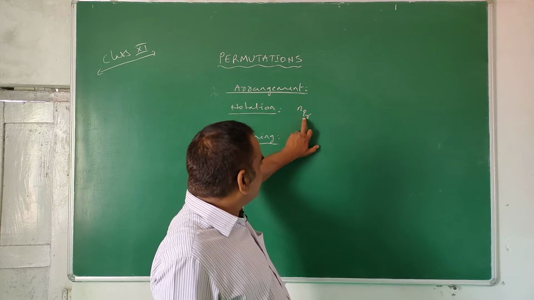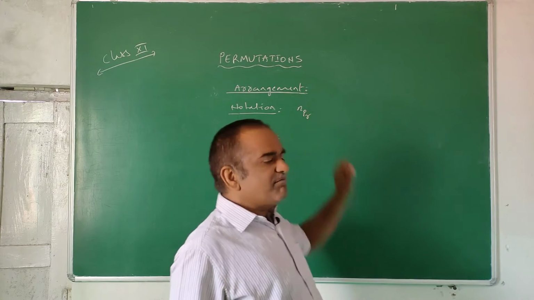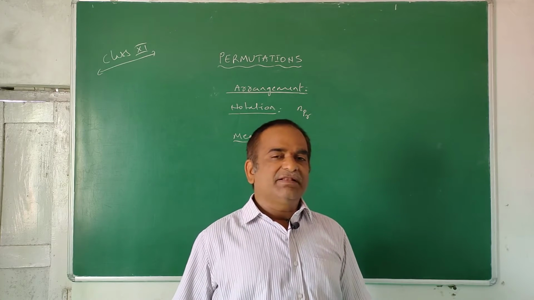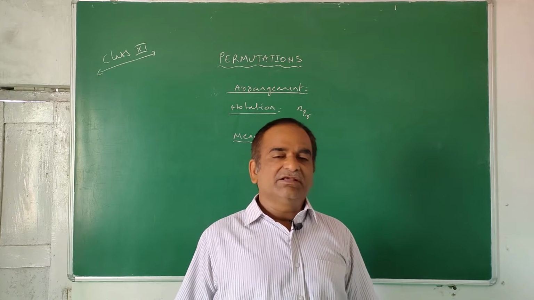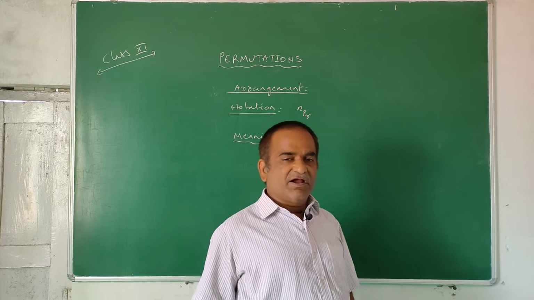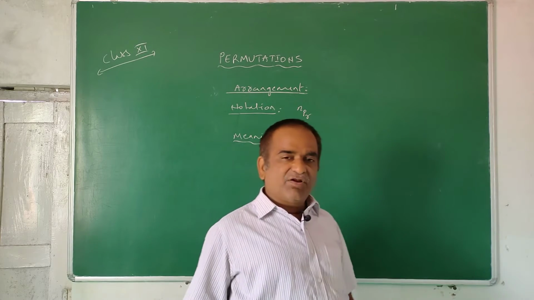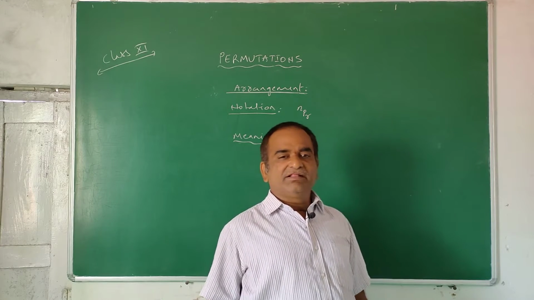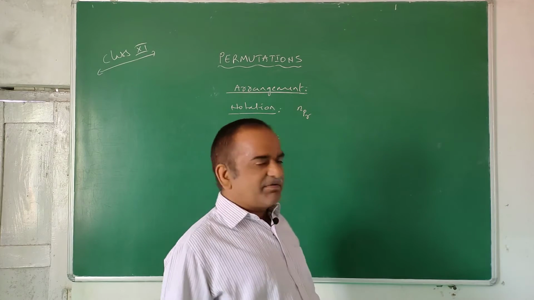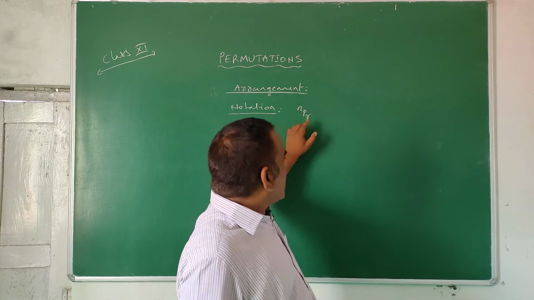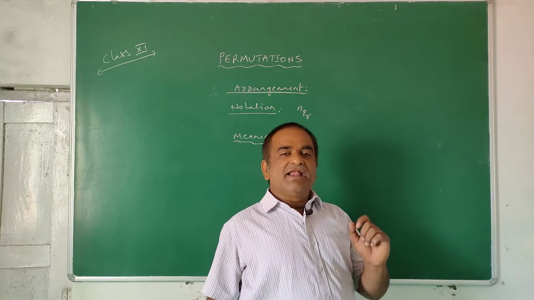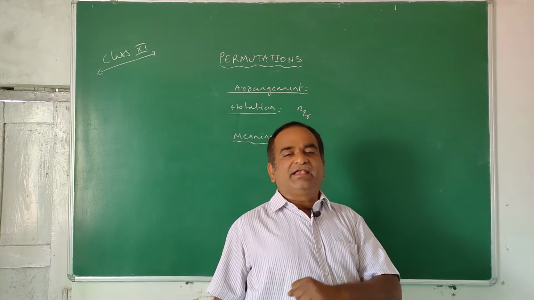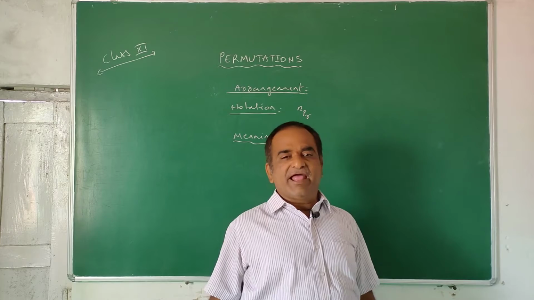P stands for permutation, and r stands for the number of things that you are using from that given set to make a permutation. Please understand this point. n stands for the number of different things available in the set, P stands for permutation, and r stands for the number of things you use from that set to make an arrangement.